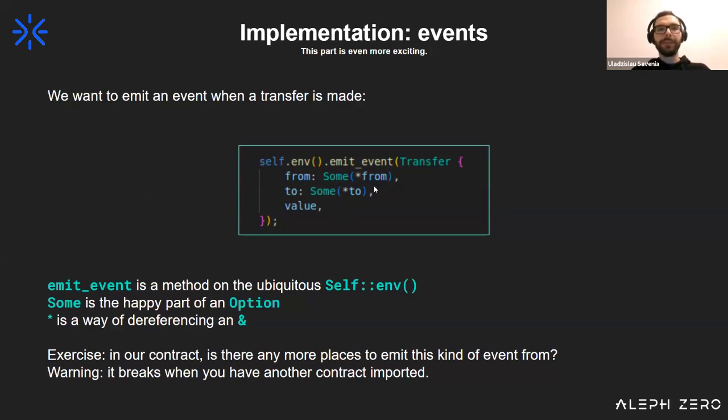You need to wrap it into this Some thing, which is also Rust specific. And also this star thingy is how you dereference the value, so that you would pass not a reference to value, but the value itself in here, which is important.